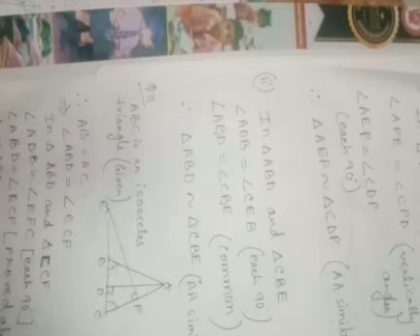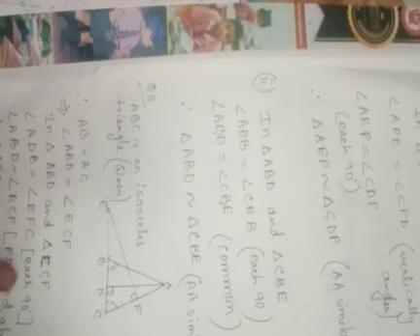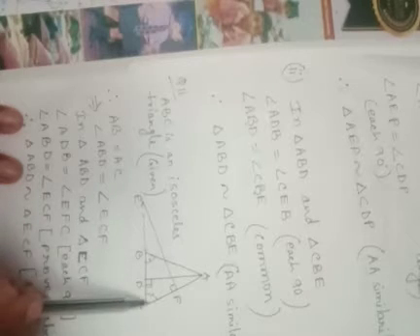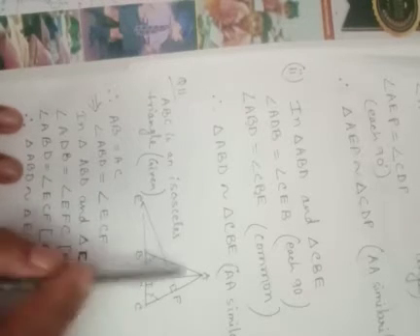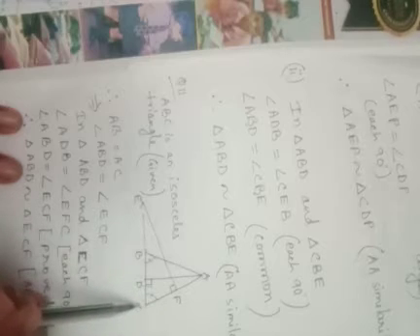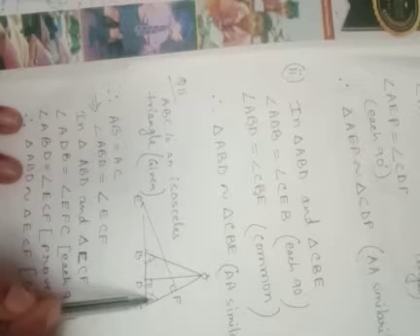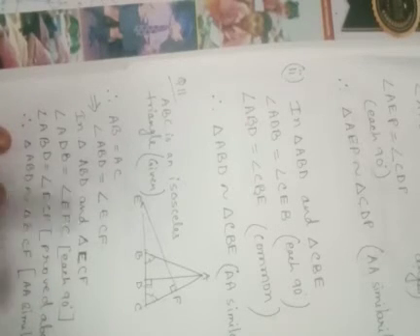Next, angle ABD is equal to angle ECF, which has been proved earlier because the side AB is equal to side AC. So opposite sides are equal, that means the angles are also equal. So in this way we can prove that triangle ABD is similar to triangle ECF by angle similarity criteria.